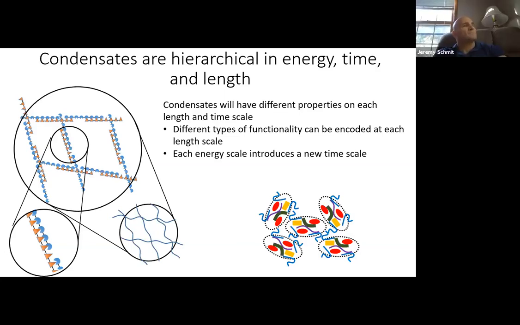In a standard coacervate, there are two length scales that emerge. One is the radius of gyration of your polymers, and the other emerges from the concentration, which is basically the separation between the centers of mass of the molecules.